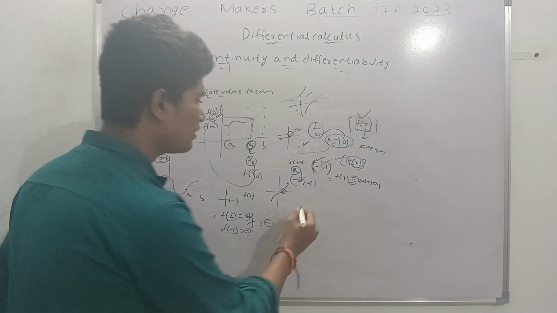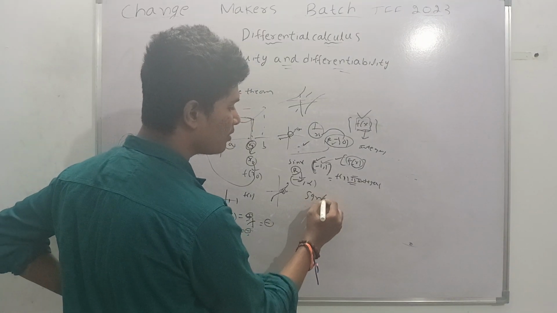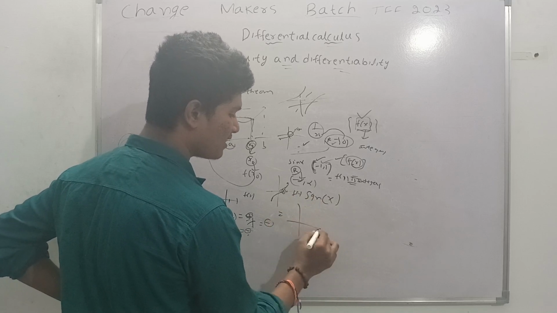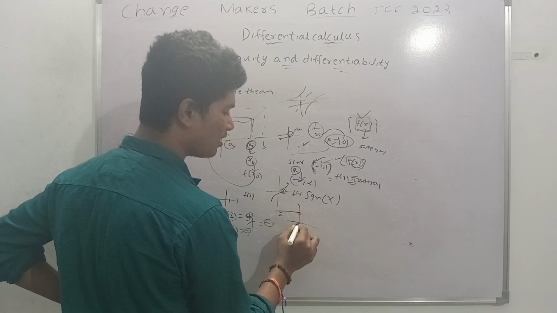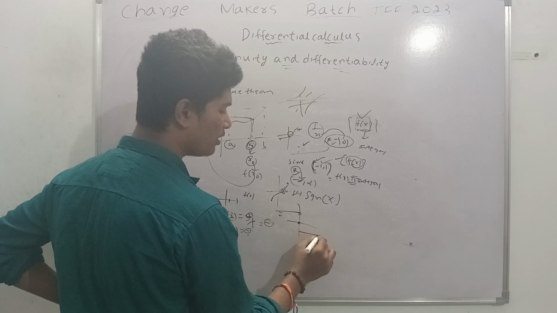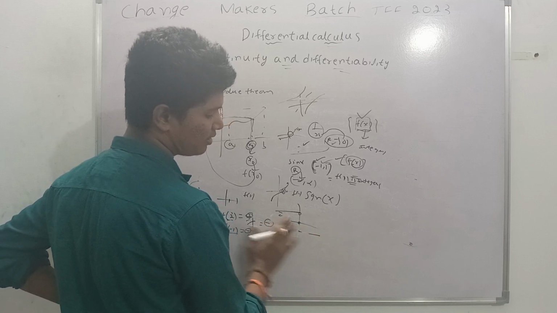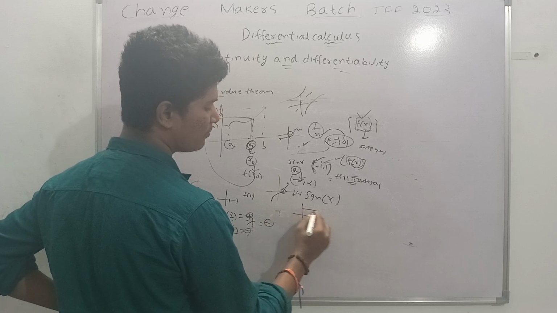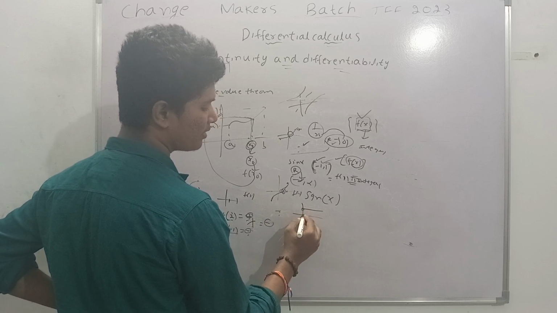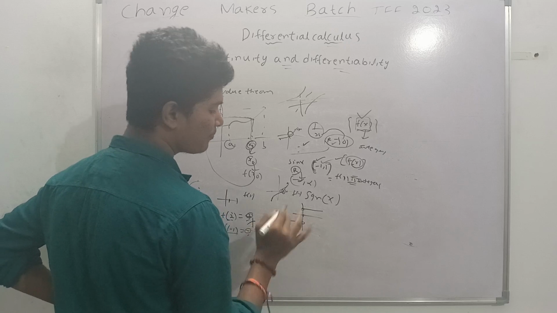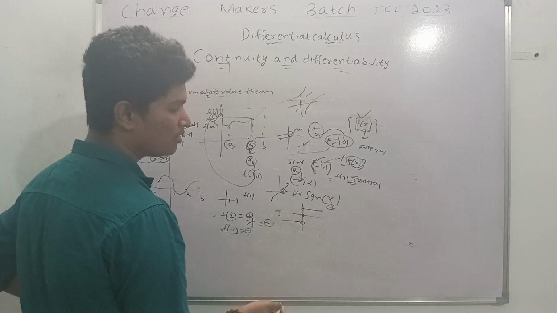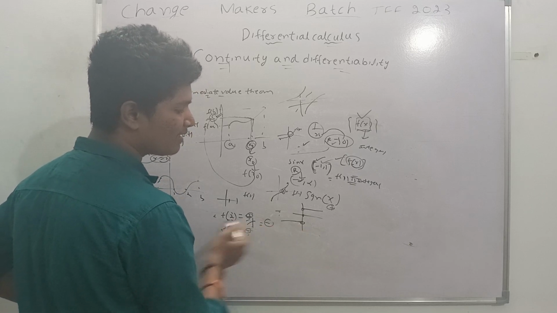And also here signum: suppose you take the signum x graph, f of x graph. What is the signum x graph? Is it correct? For positive values it is positive. See, for all positive values it is like this, and for all negative values the graph is like this.